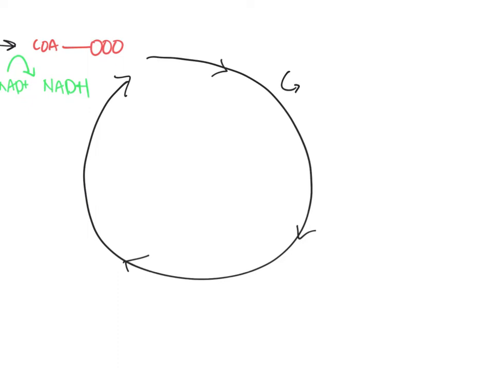One of those reactants is ADP plus P. We're going to yield ATP from this one. We're taking a little bit of energy from this acetyl-CoA. We're also going to gain a little bit of energy in the carrier NADH. So we're going to convert our energy carrier, NAD+, to NADH by attaching that electron.